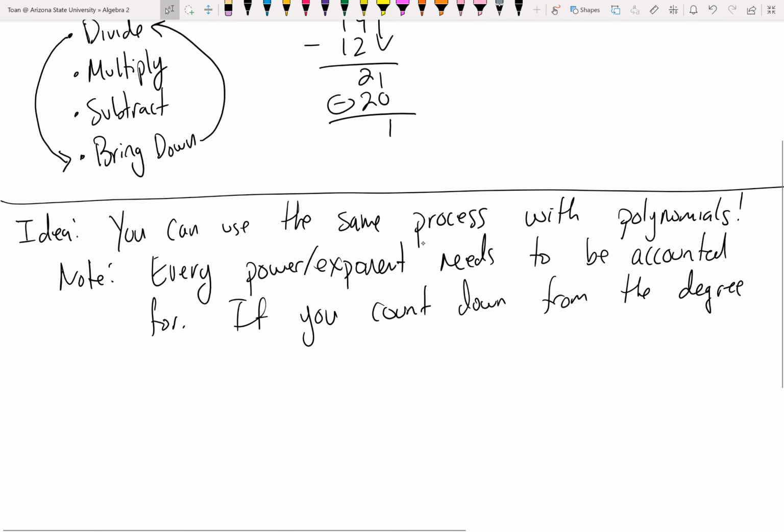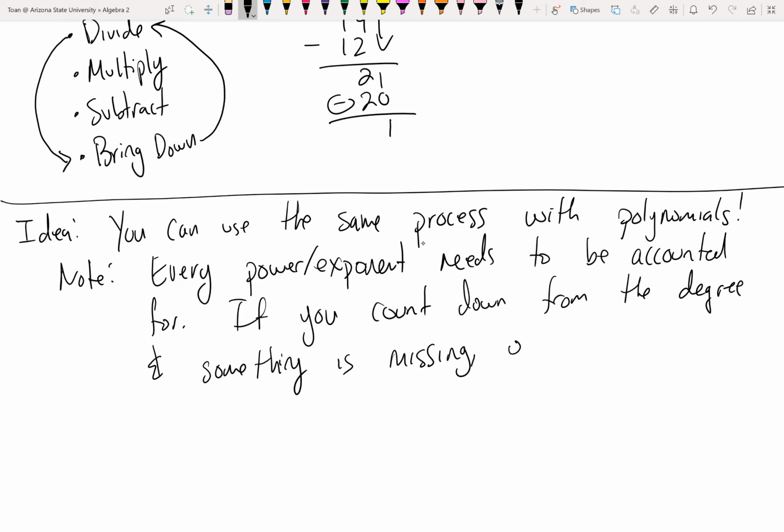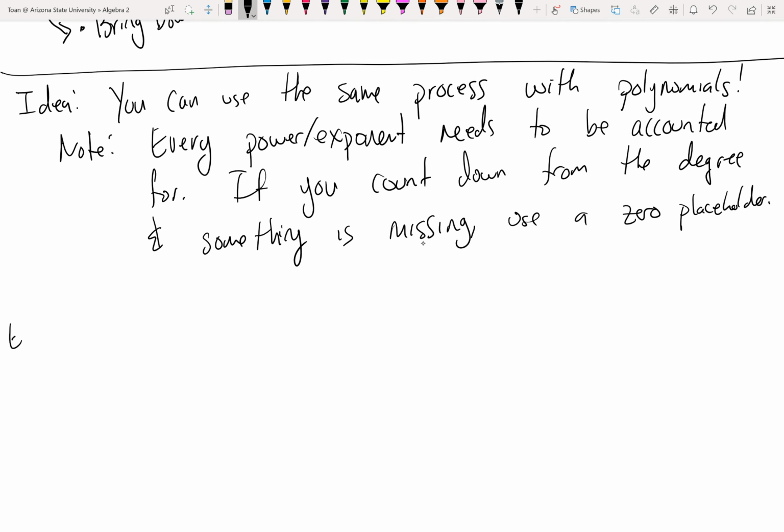So if you count down from the highest exponent and something is missing, use a 0 placeholder. And I'll do an example that showcases this. Right? But let's see truly how this division algorithm can work with complicated looking polynomials.